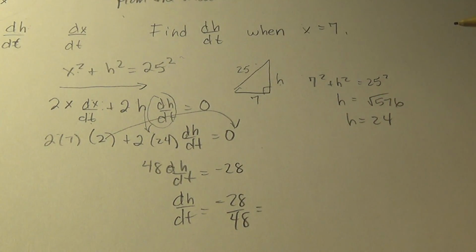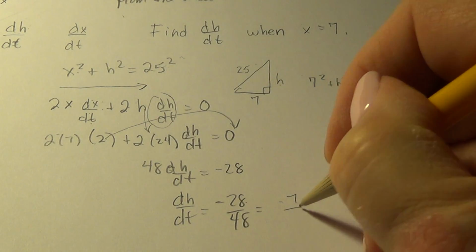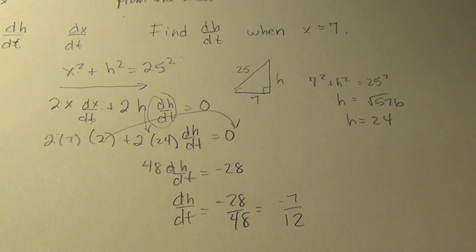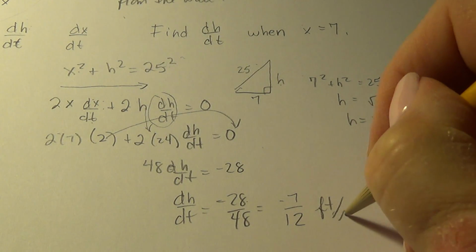And that reduces each by a factor of 4, so we get negative 7 over 12. So negative 7/12 feet per second were the units in the problem.